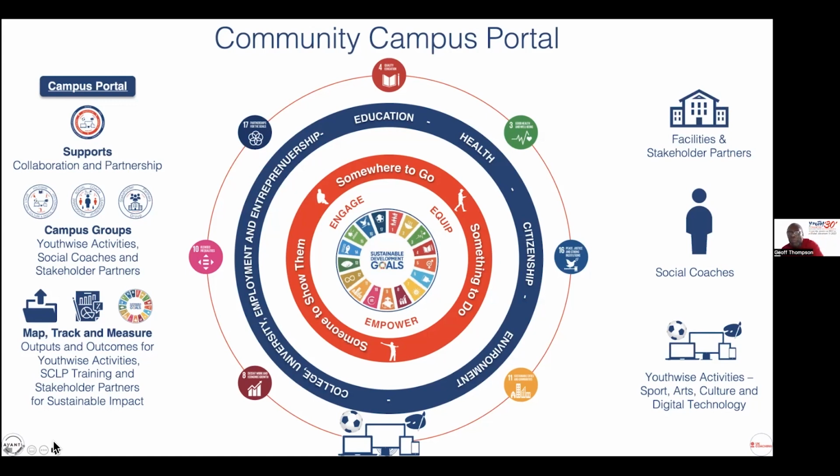It really is important that you memorize these goals. These are what provides the model of taking education, good health and well-being, partnerships for the goals, reduced inequalities, peace, justice and strong institutions, sustainable cities and communities, and decent work and economic growth. That is our 3-phased engage, equip and empower, reflected in a one-stop shop platform.